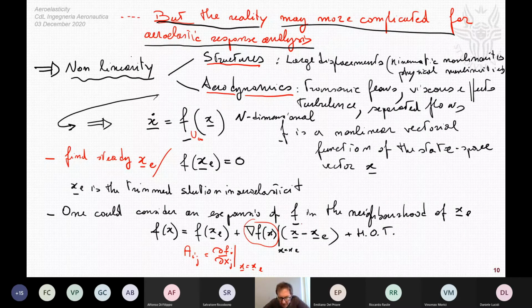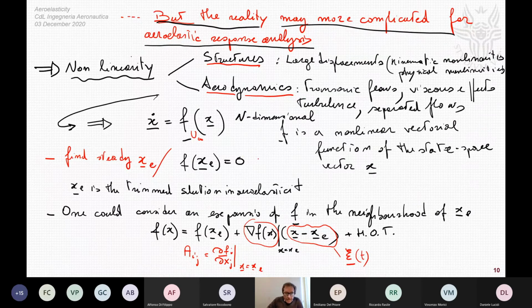If you consider the difference between the actual state space vector value and the value at the equilibrium solution, we have a variable which is this difference, and we can give it a name, for example the xi variable. And this xi variable is a function of time, of course.